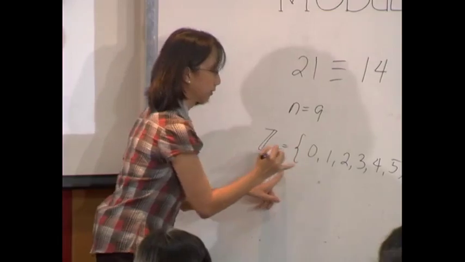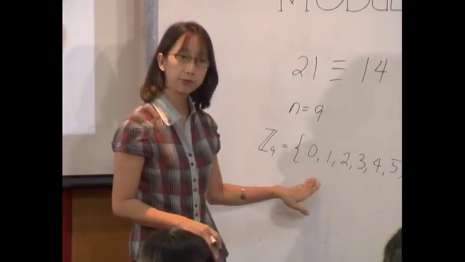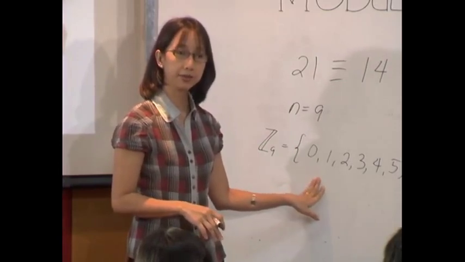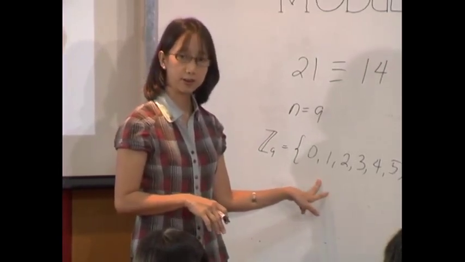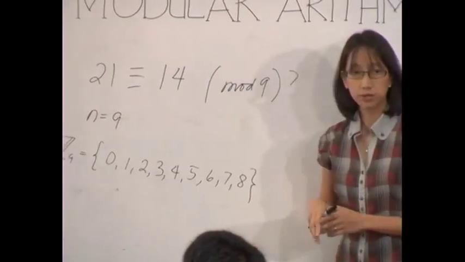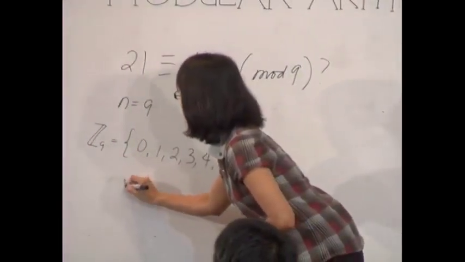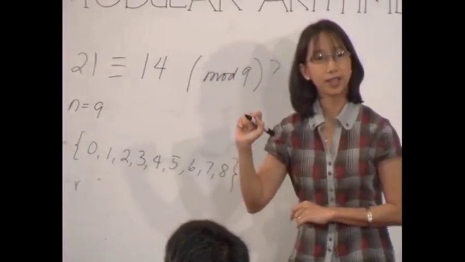Remember that? Okay. Again, there's another term for remainder. It starts with the letter R. Can you guess? We are, in effect, reducing these numbers to smaller numbers. Anyone? Any wild guess?